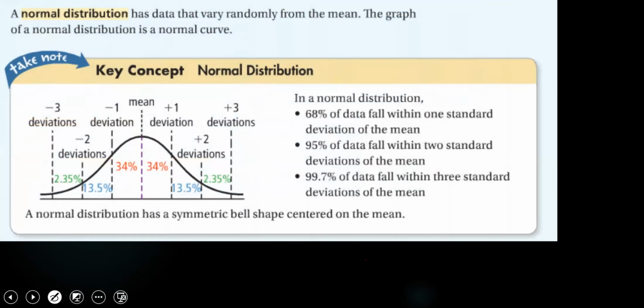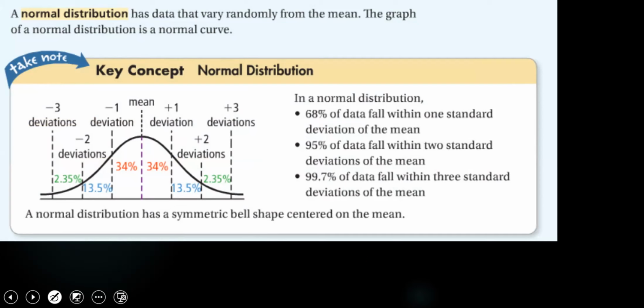So, as I told you about the uses of the mean and the standard deviation, when we have a mean, we have a standard deviation that deviates from the mean: 1 standard deviation, 2 standard deviations, and 3 standard deviations. When they draw it, we know it as a normal curve. This normal curve, we call it a bell shape.